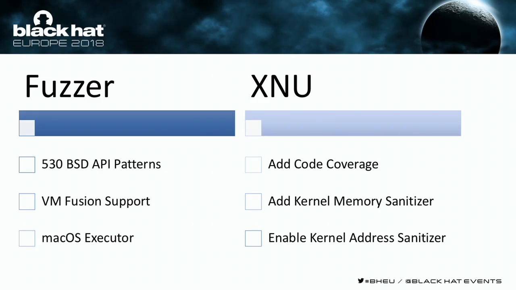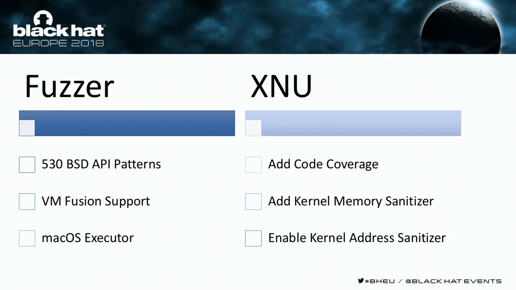In order to make our tool work, we need to improve two parts. The first part is the fuzzer. The second part is XNU. As for the fuzzer part, I wrote more than 500 API patterns, and I prefer to use Vim Fusion, so I added support for Vim Fusion in the Pending XNU tool.